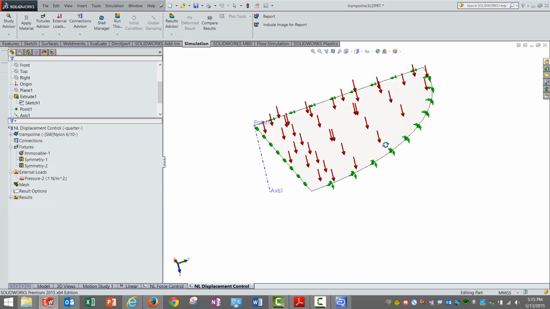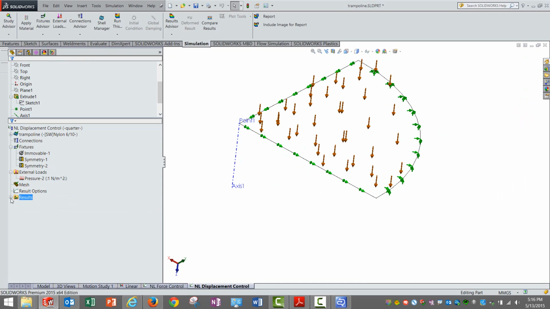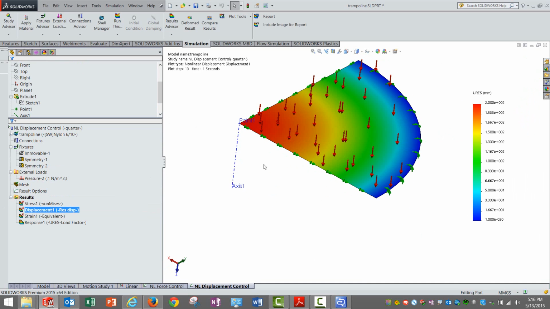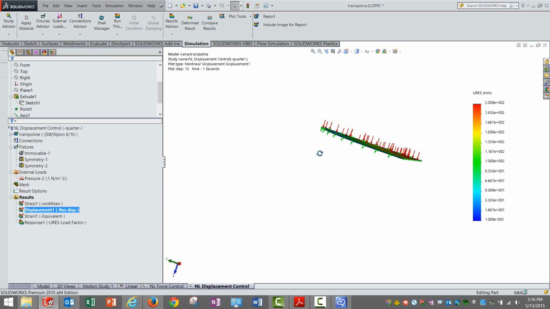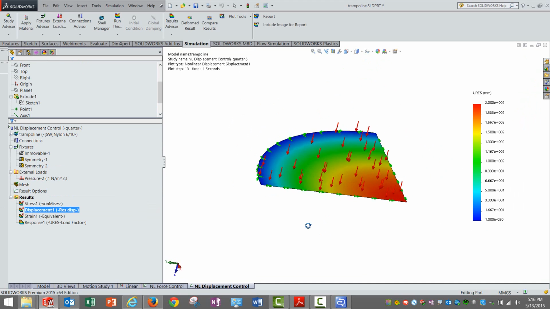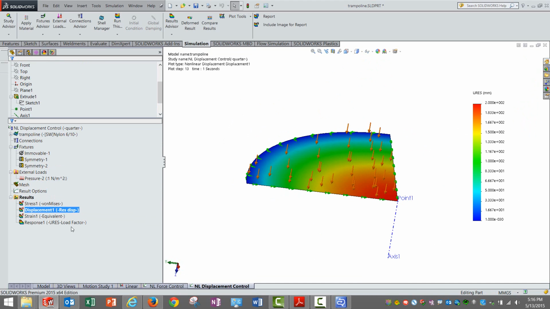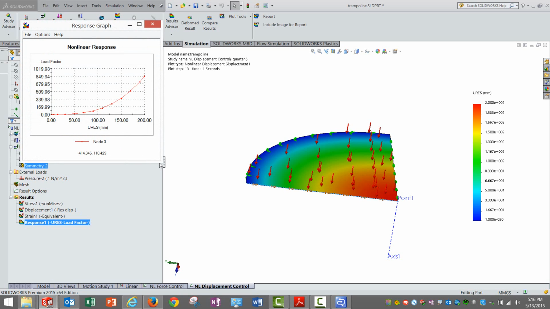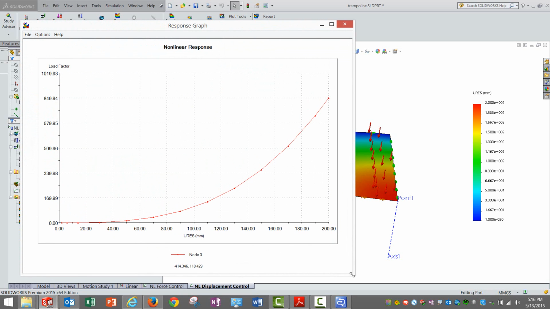Okay, so this is how it looks. This is the displacement control algorithm, and at the time instant of 1, of course, we are forcing this, so we are looking at around 200 displacement. But if you plot the graph, that will give a clear idea of where it is.